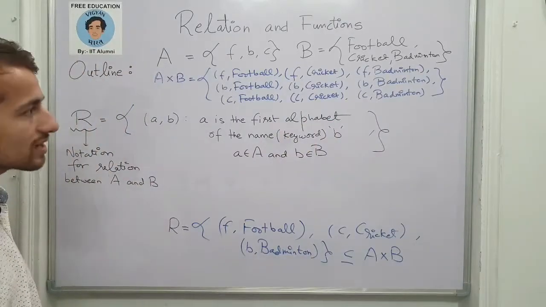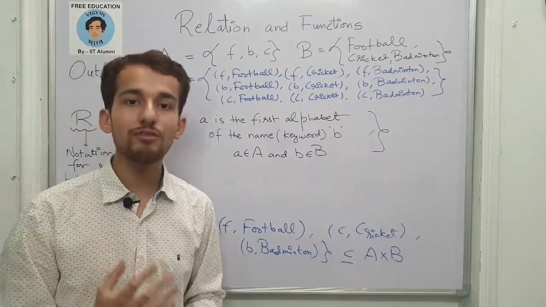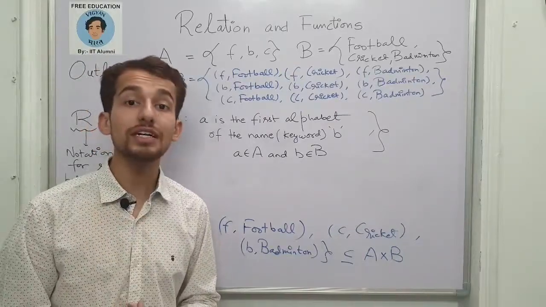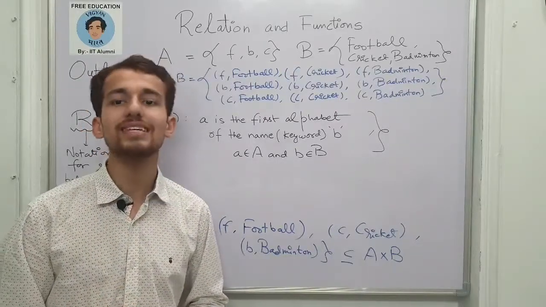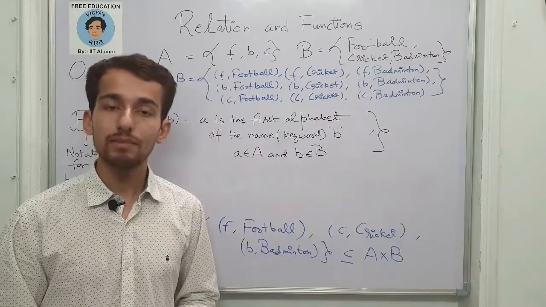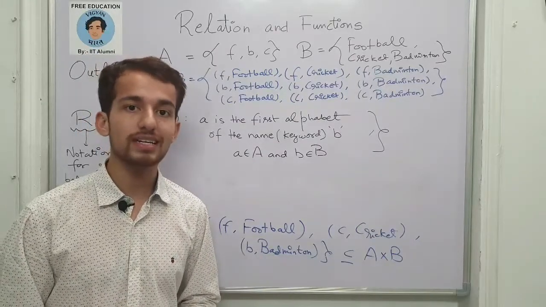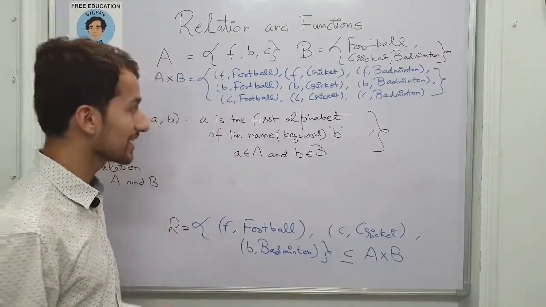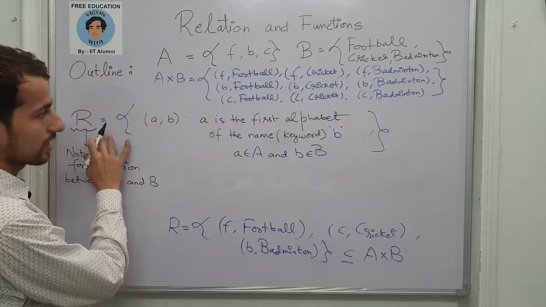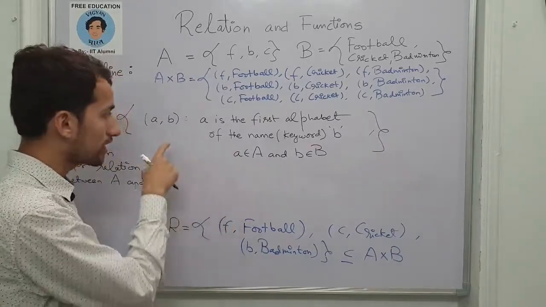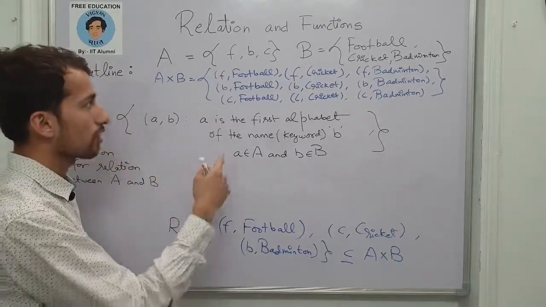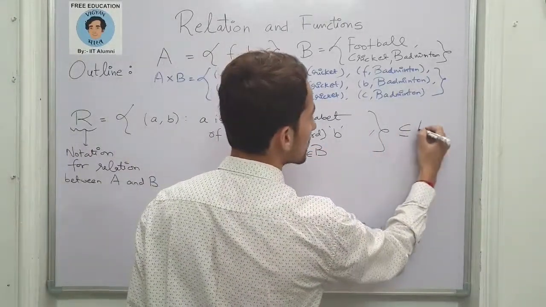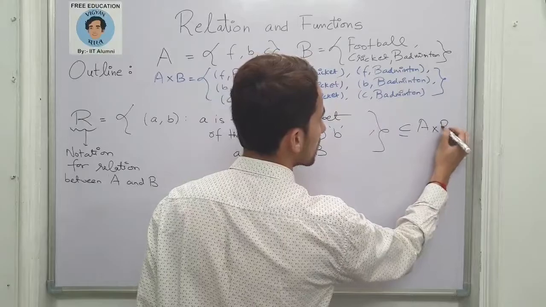So in general, we have now built enough motivation required to define a relation between two sets, in general any two non-empty sets A and B. So now I will be defining the precise mathematical definition of a relation. Just one observation I want to make again, that this R, the collection of these ordered pairs coming from our original A cross B, is a subset of my Cartesian product.